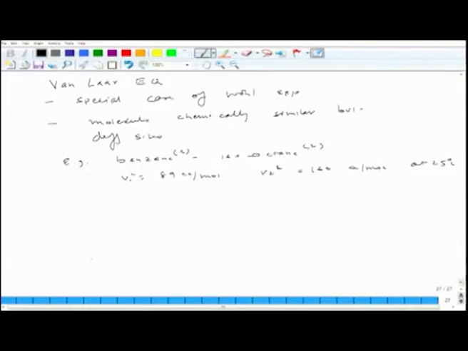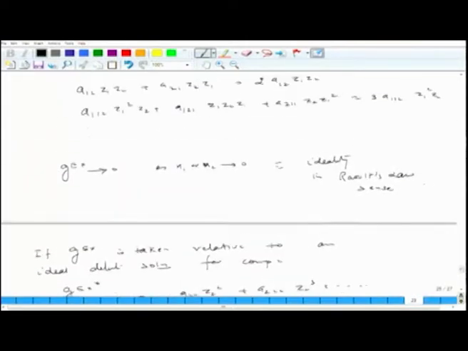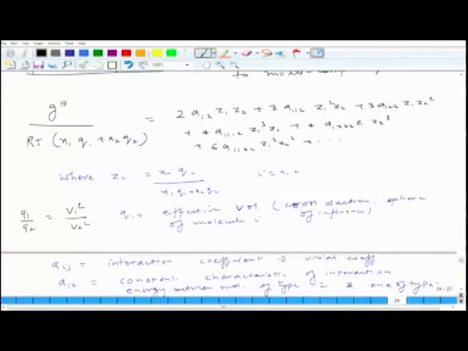Now if you ignore a higher order term in Wolff's expression, if you consider just the first expression, you are going to get the Van Laar equation.